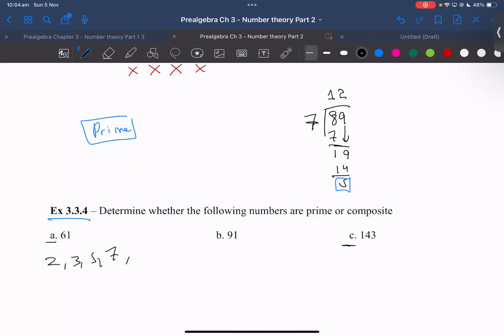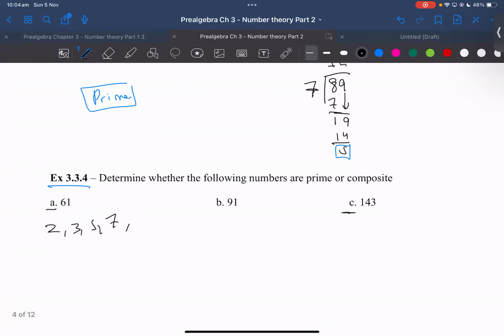So what were you saying before? I'm just having a bit of trouble with A. Why do you not need to test 11? The thing is, if 11 were hypothetically a factor, the other number would need to be smaller than 11, and if it's smaller, we've already tested it.